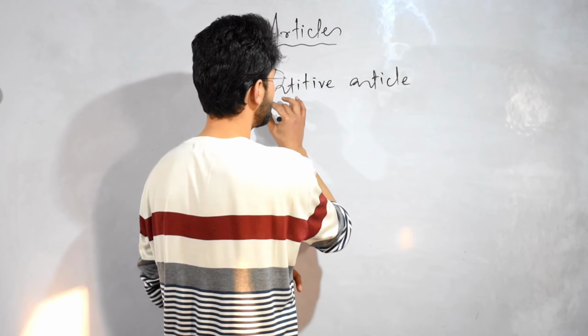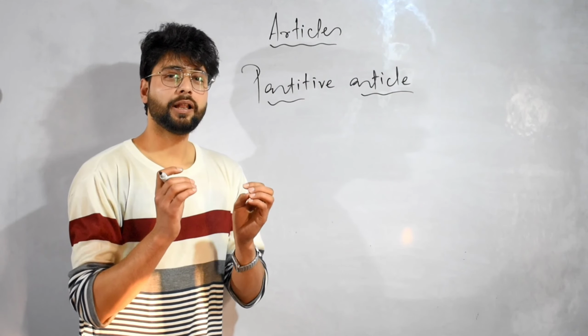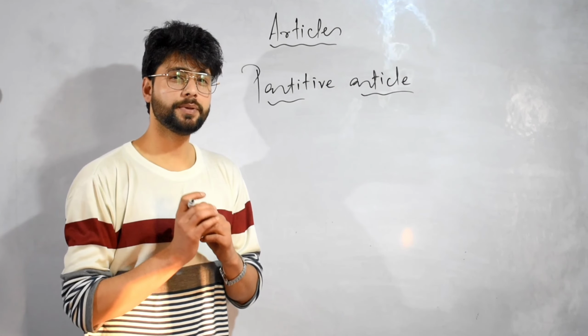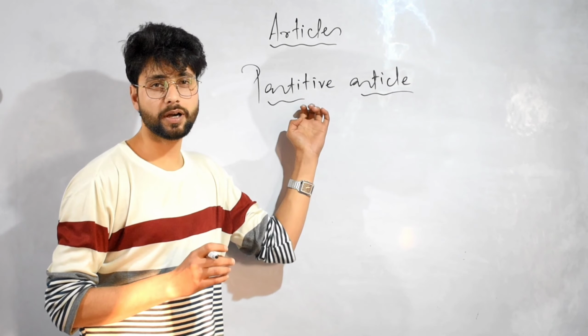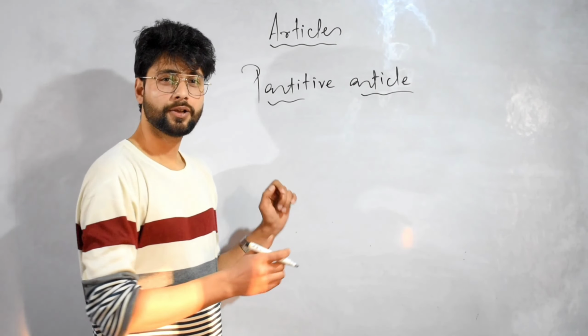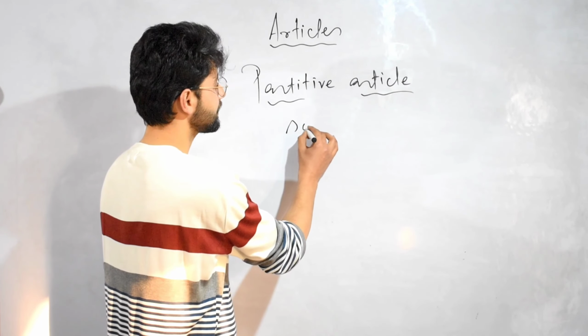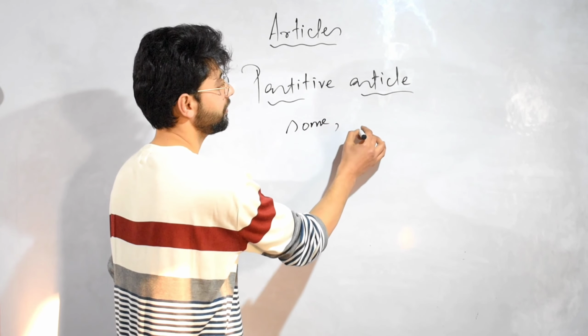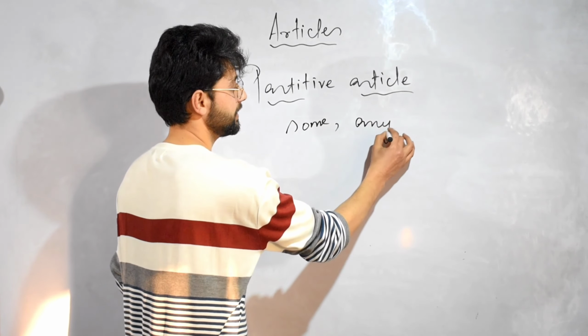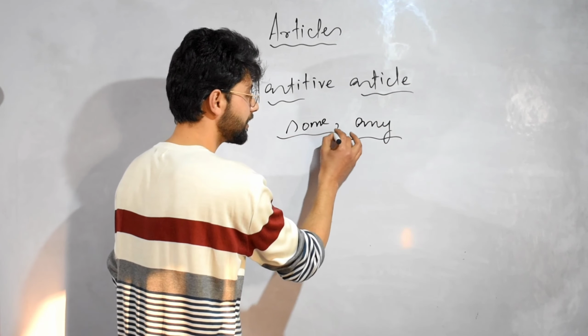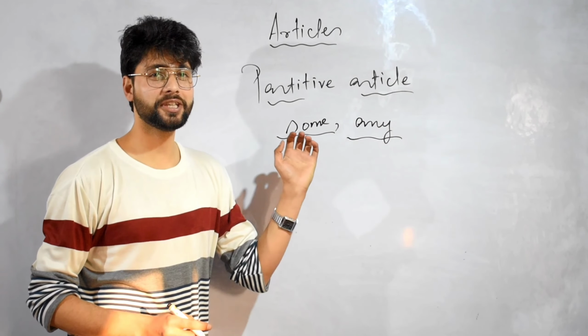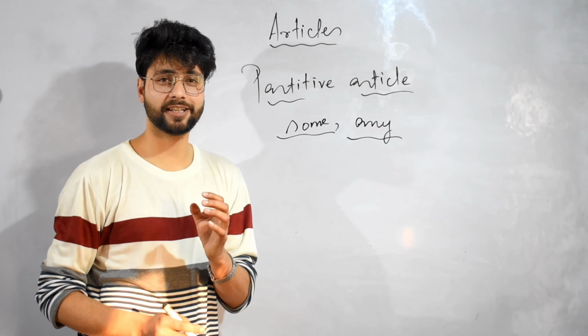What is this partitive article? Well, I'm sure you must know this part because we all the time use some or any. These two words are very common and we use these words in our everyday English.